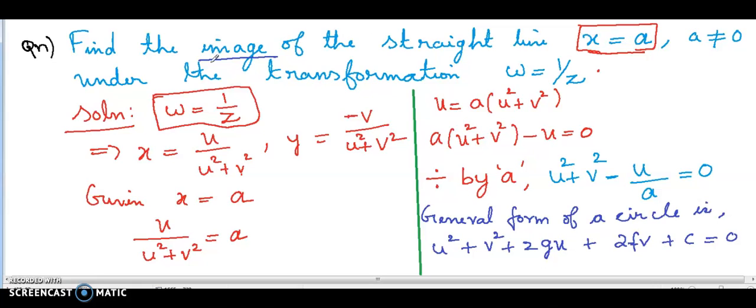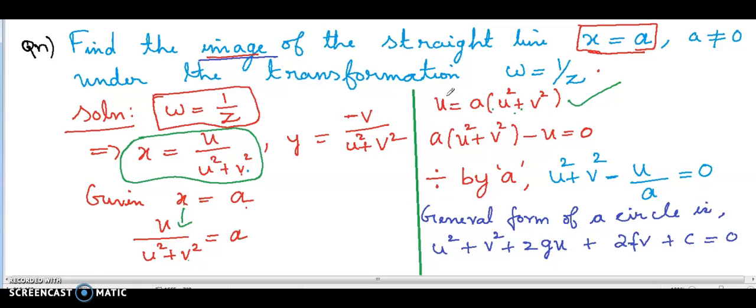Given x is equal to a, and x is U by U square plus V square, so instead of x I take U by U square plus V square, and on the RHS we have a. Now cross multiplying, U is equal to a into U square plus V square.